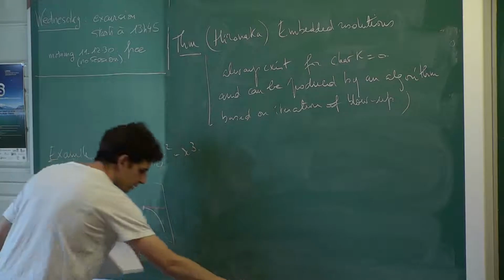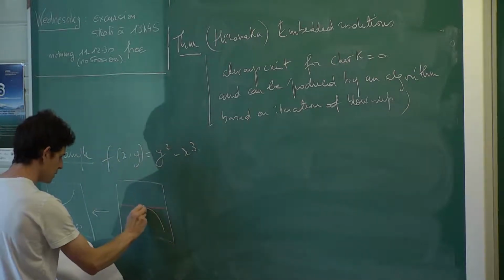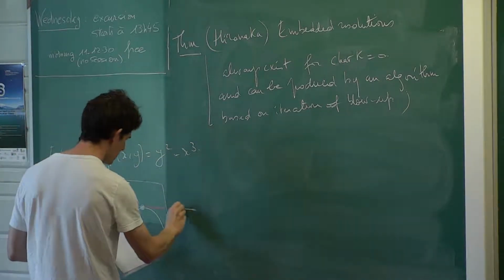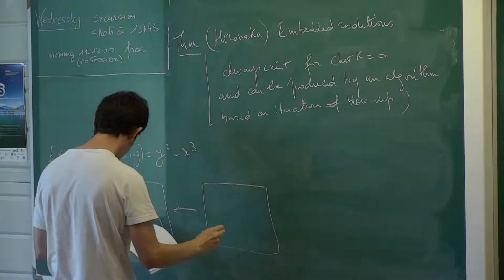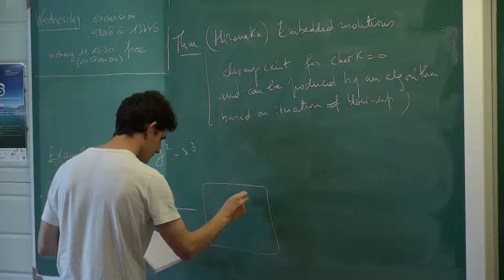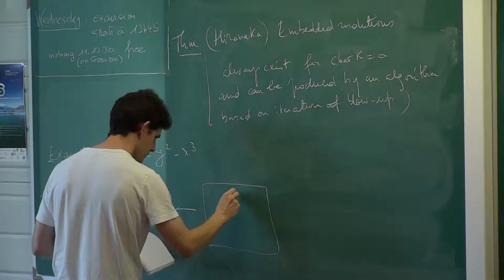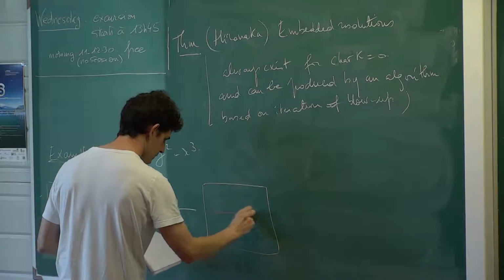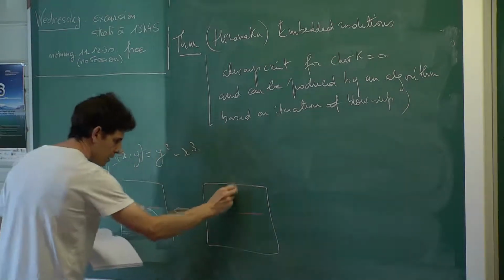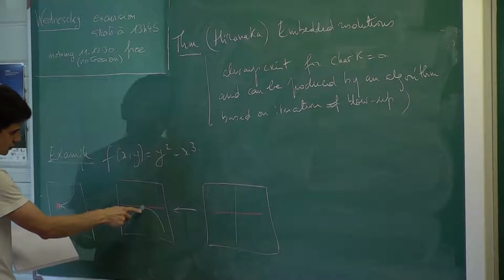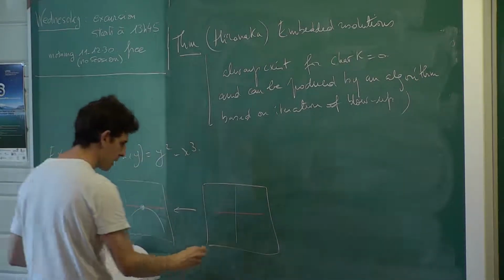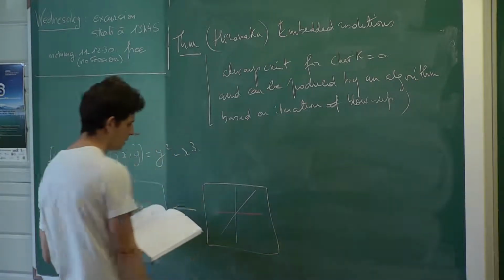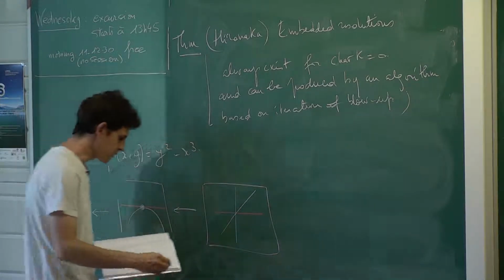Then you blow up again. So you still have your line, the exceptional divisor which corresponds to that point, and your parabola is transformed into a line, and then you blow up again.